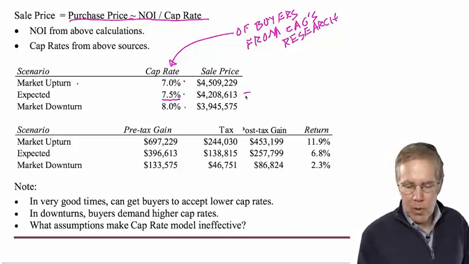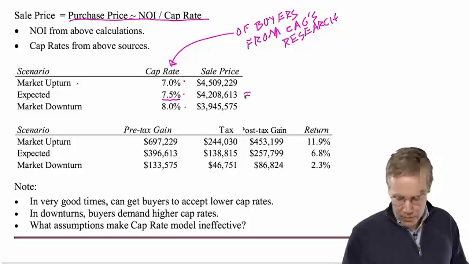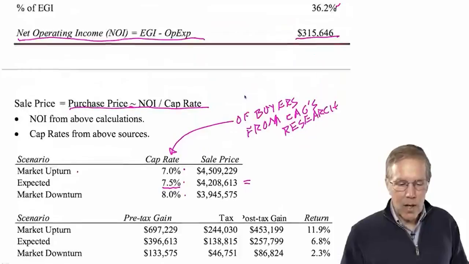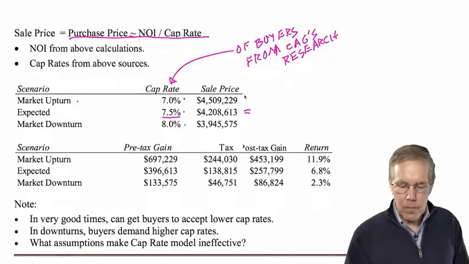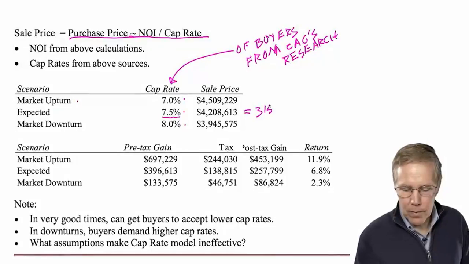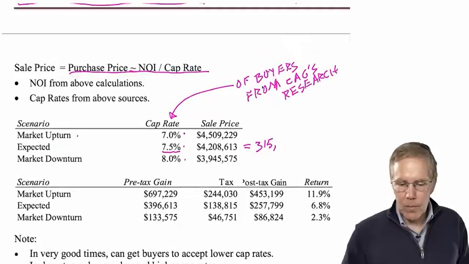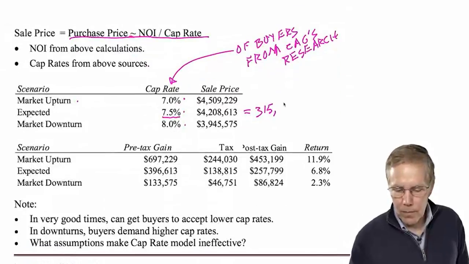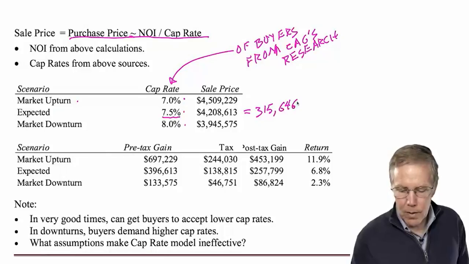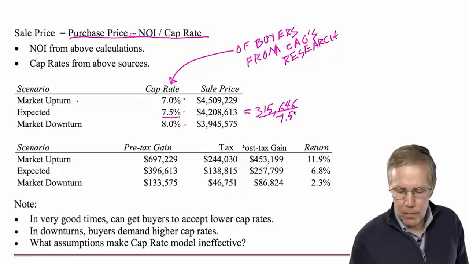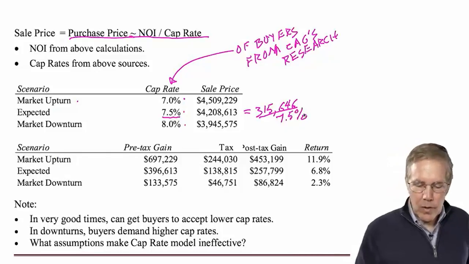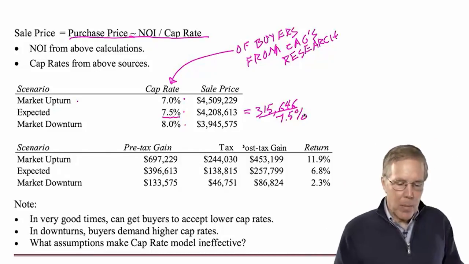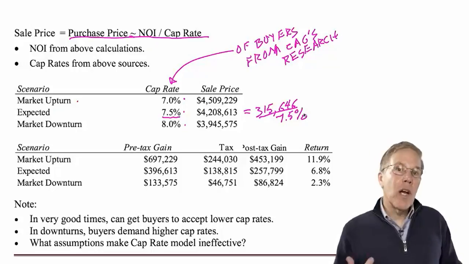And let me just put what this is equal to here. Okay, so that's where we got the 4.2 million number from. So that's good. So now we have the sale price.